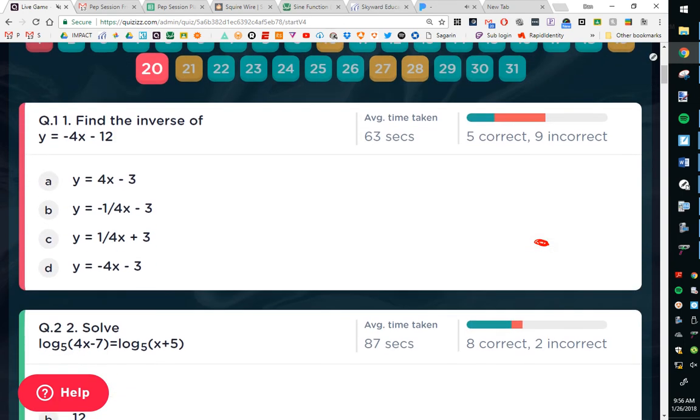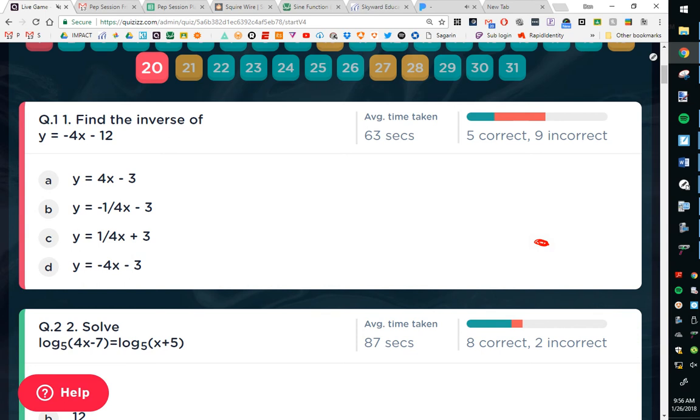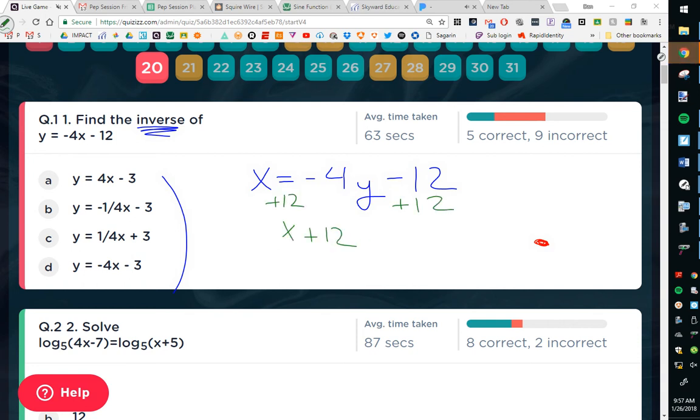Number 1, we're pretty bad at for a question that we were really good at on the test, and I think it was just the multiple choice questions that are throwing us off here. Finding the inverse, 2 steps to finding an inverse always. The first step is flip x and y. Oh, let me write that again. We flipped x and y, and then we're going to solve for y. So I'm going to add 12 to both sides. And then we're going to get rid of the negative 4, and we do that by dividing by negative 4.